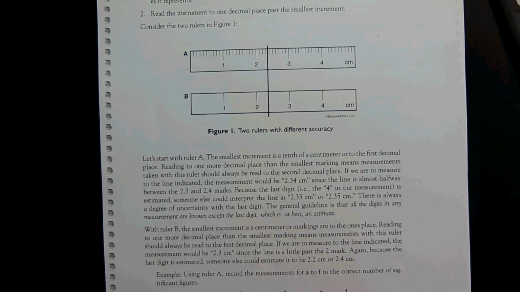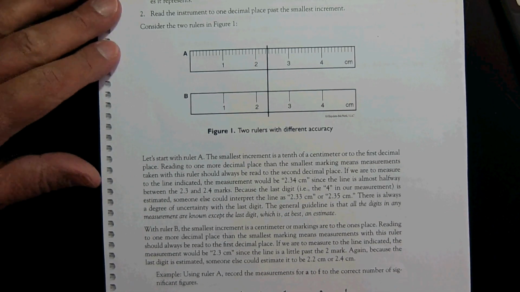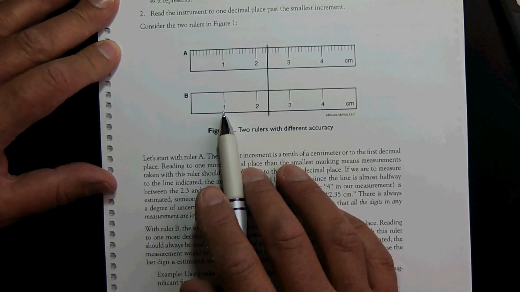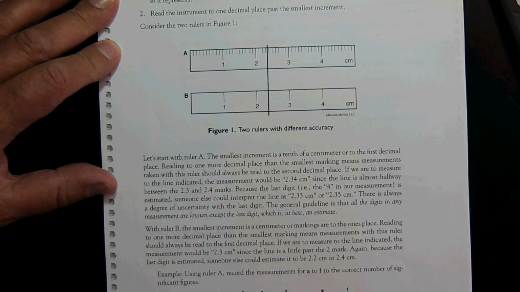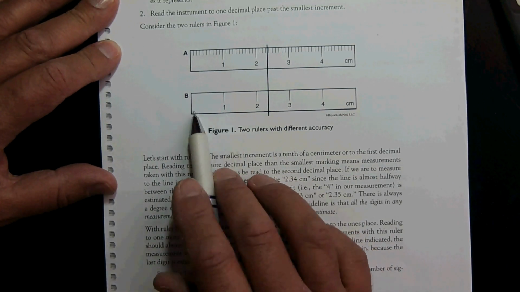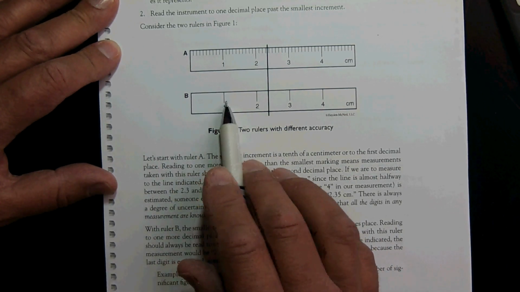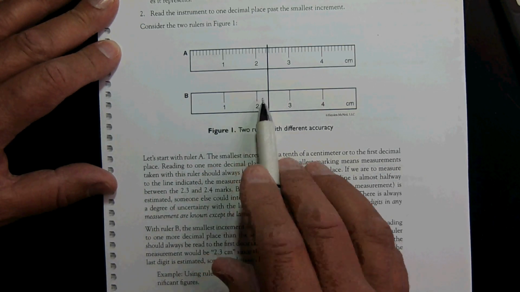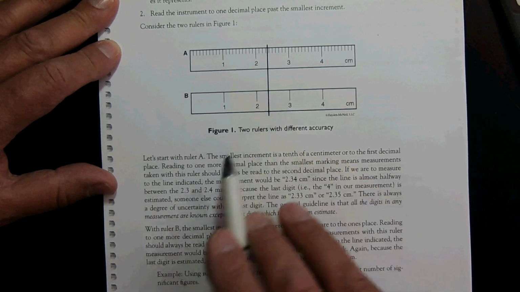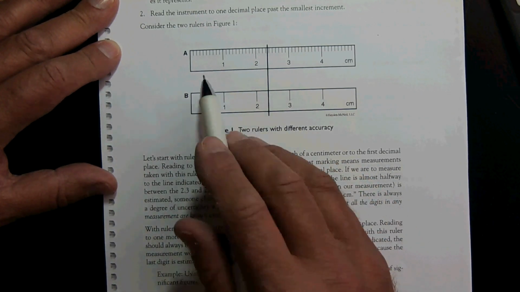And anytime you have to make a measurement with something like this, you look at the thing and you figure out what's the way it's marked. What place is it marked in? Oh, this one's marked in the ones place, right? This is 1 centimeter, 2 centimeters, 3 centimeters, etc. How about the upper ruler? The upper ruler is really marked in the tenths.